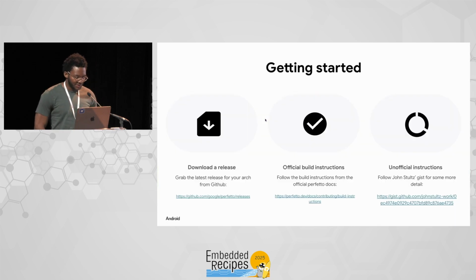All right, getting started. I'm not going to do all of this now, but you can download the release from their GitHub page. There are official build instructions here, and there are some unofficial instructions for some additional configurations you might want, written by John Stoltz in his gist on GitHub.